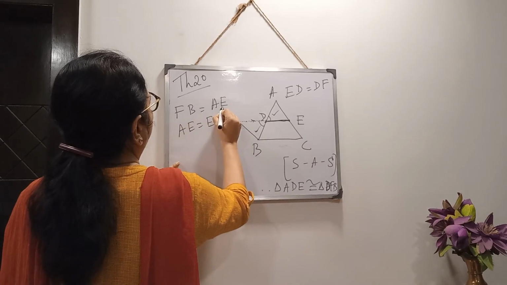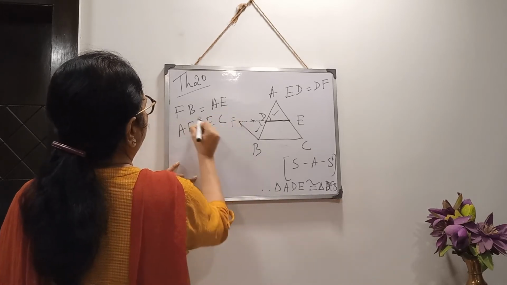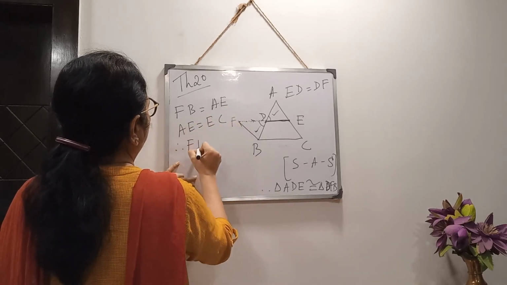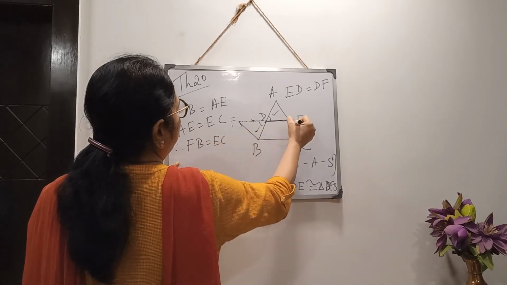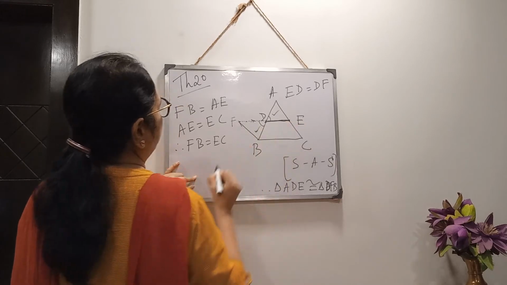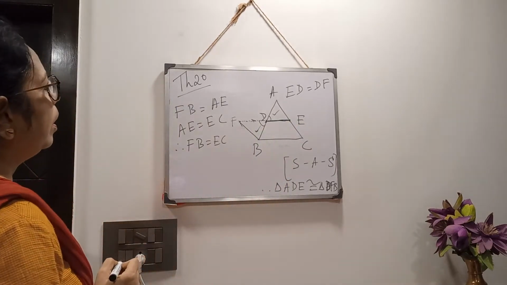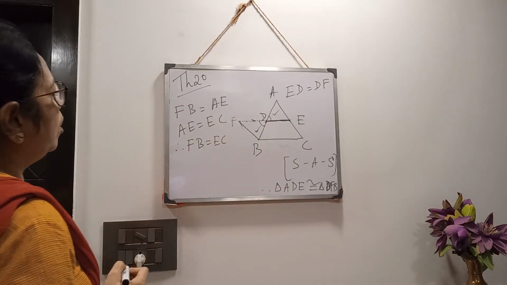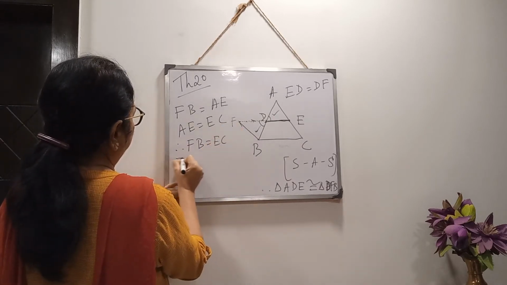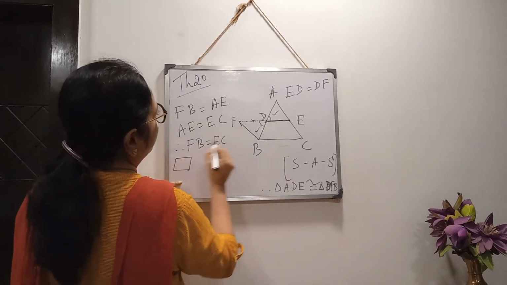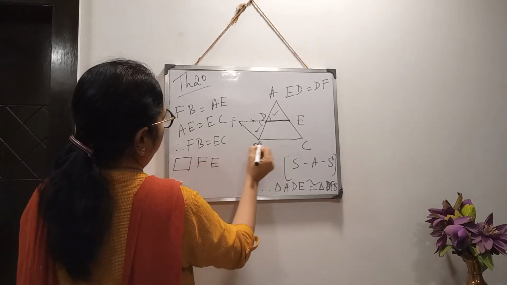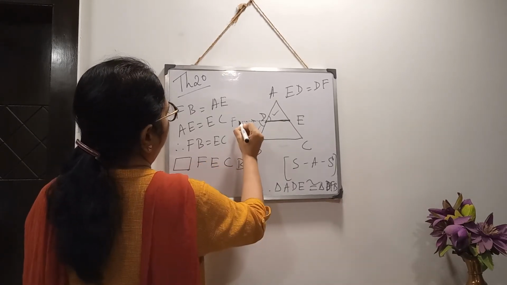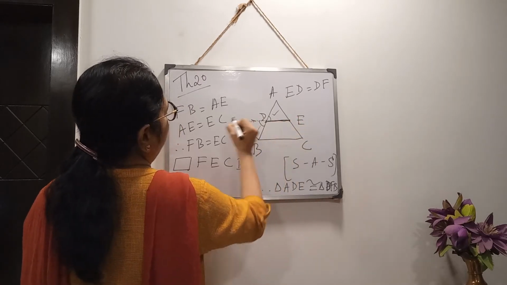As FB equals AE and AE equals EC, we can directly write that FB equals EC. That means this and this are the same length. Clear? Then we'll take the quadrilateral FECB, the full quadrilateral.